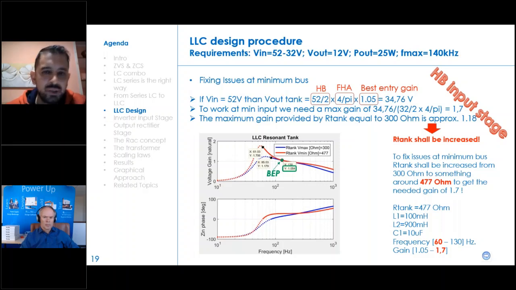If you use a full bridge, you don't need the ratio of 2. Multiplied by 4 over pi. 4 over pi takes into account the first harmonic approximation gain, multiplied by 1.05. So this multiplication gives the voltage on the output tank resistor.